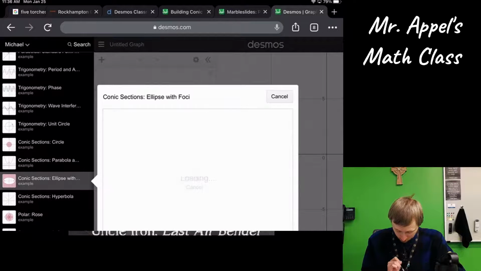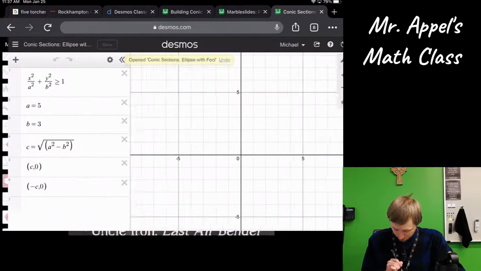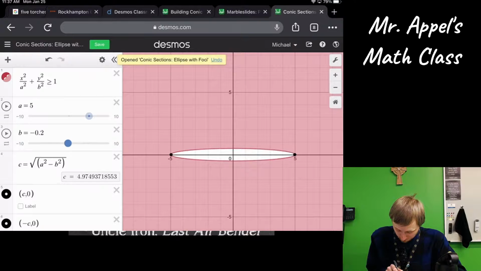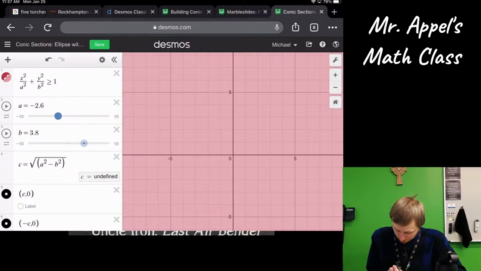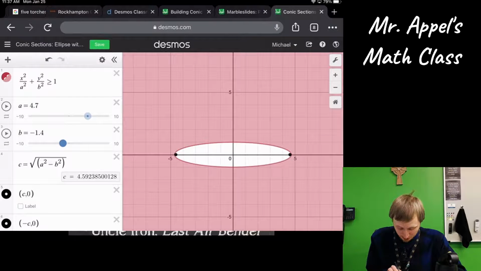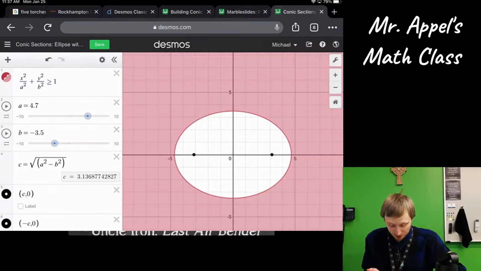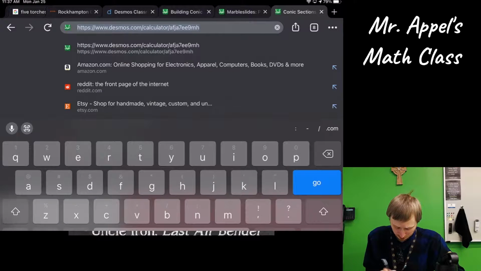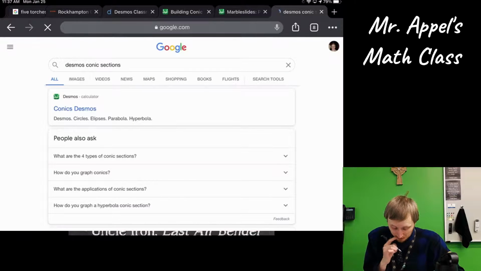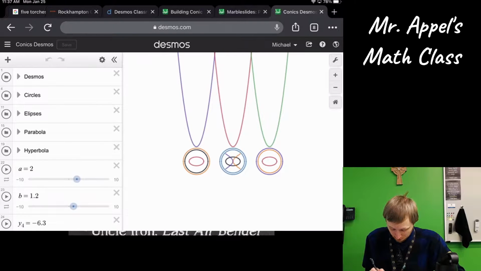So I remember coming across a really good one. Ellipse with foci. Let's try that. I think you can still get the same effect here. Oh, it won't let me. Ugh. Come on, squeeze it. There was one I know where you could actually move the foci so far away from each other, and it would show you the ellipse flipping, turning inside out. Let me see if I can find that one. This has all of them here as little medals. Oh, that's cute.